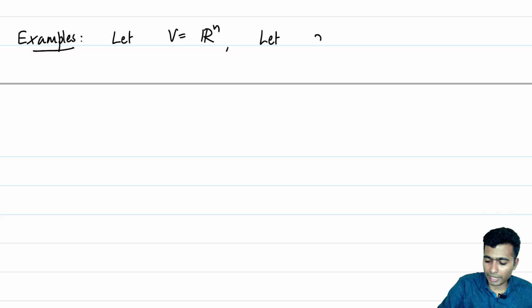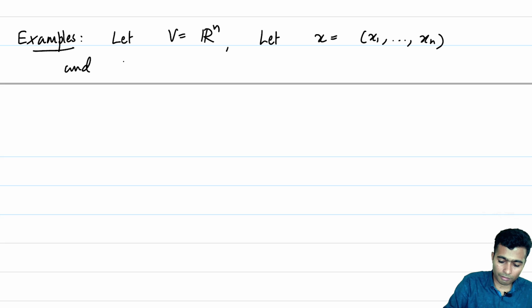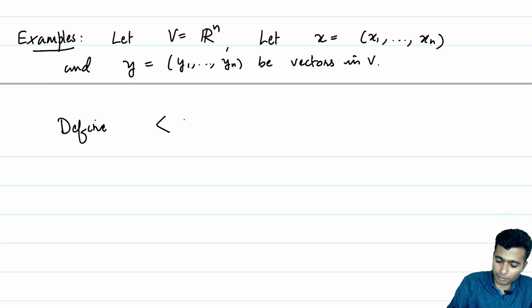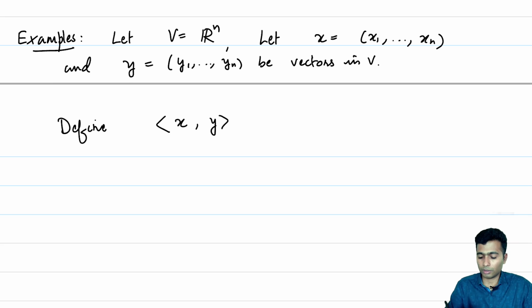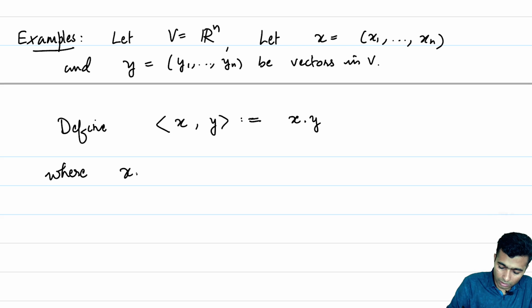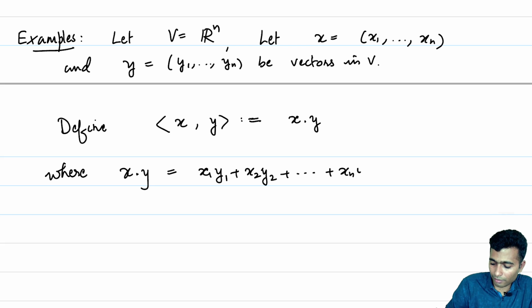Let x equal to (x1, ..., xn) and y equal to (y1, ..., yn) be vectors in V. Then define the inner product of x with y to be x dot y, where x dot y is nothing but x1 y1 plus x2 y2 plus ... plus xn yn.